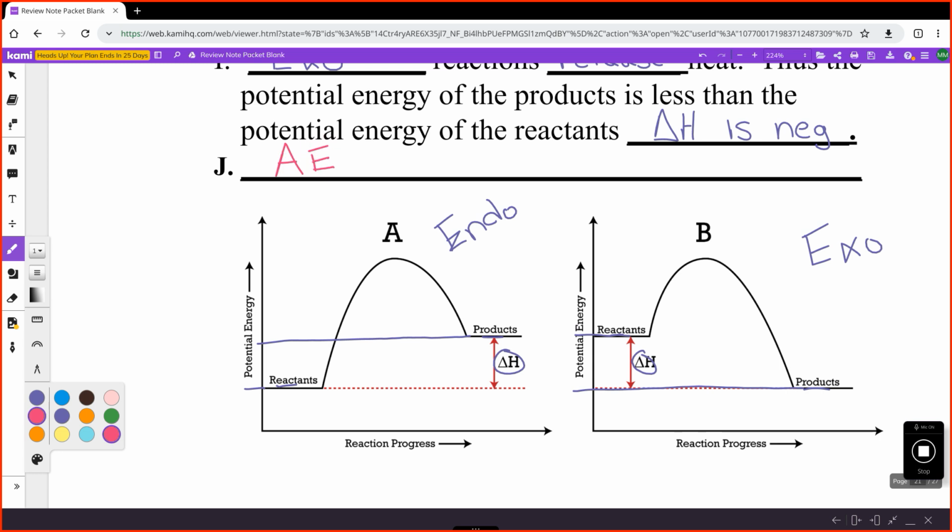Activation energy is the energy from the start, reactants, to the top. Now, when I say top, I don't mean end, right? I mean where that letter B and A are. Start to top. And this is the activation energy.